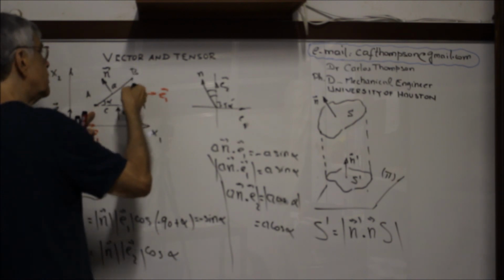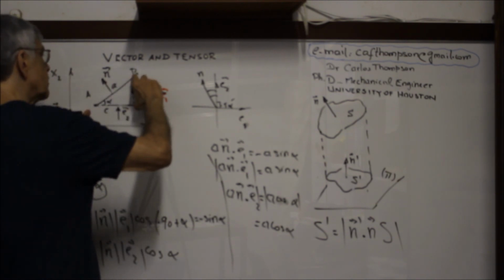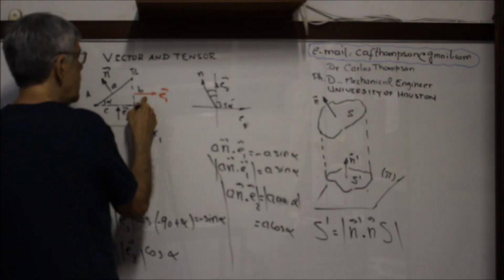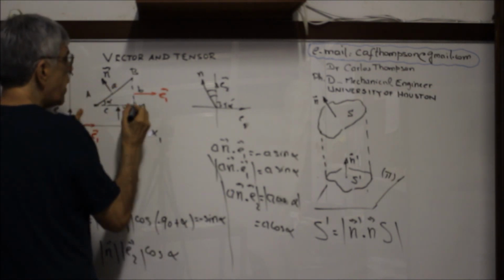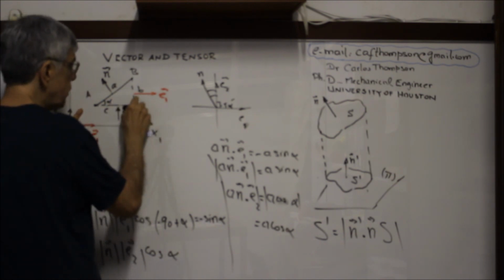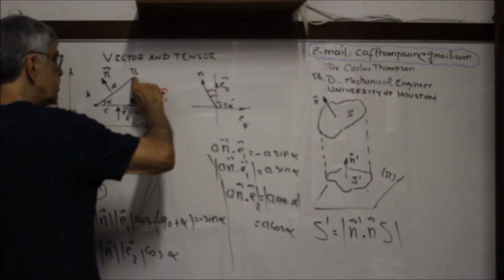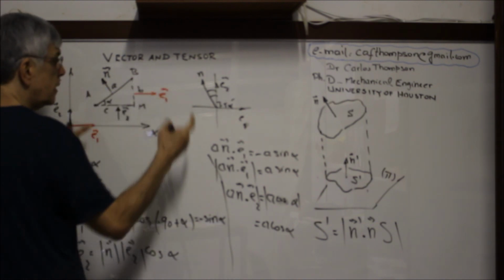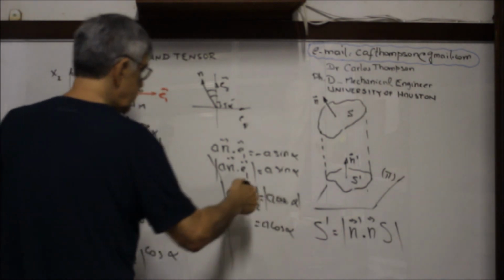Now, the projection of AB is small b. If I apply the dot product between the normal to B and n, I'll get B. That's exactly what I did here.